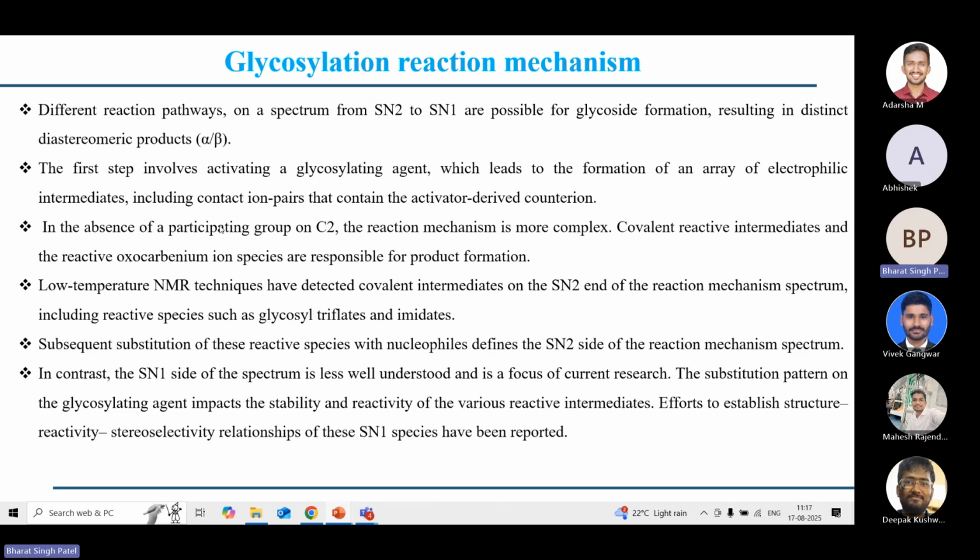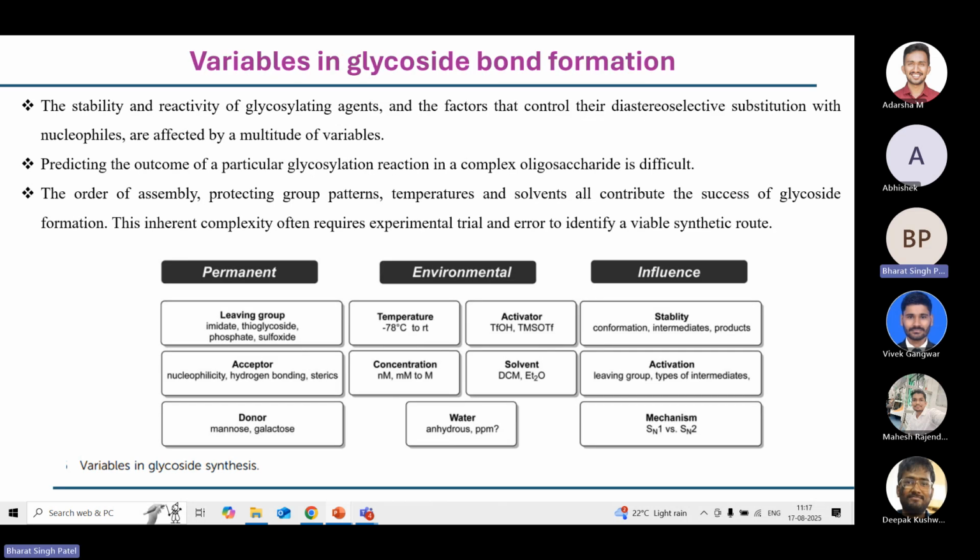As I've told you, for C2 participation, the triplet at the immediate has been characterized by low temperature NMR, which leads to the SN2 mechanism. But for SN1, there is still work to be done. There are some reports where people have suggested how stereochemistry gets controlled in SN1 too.